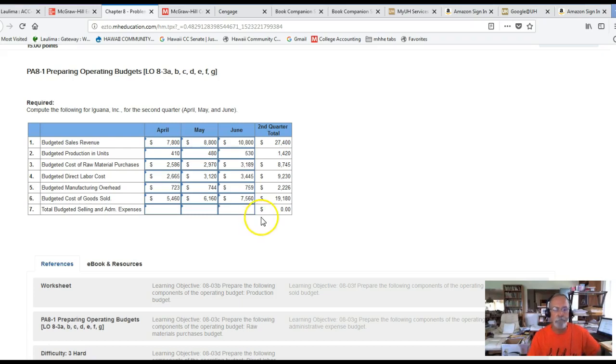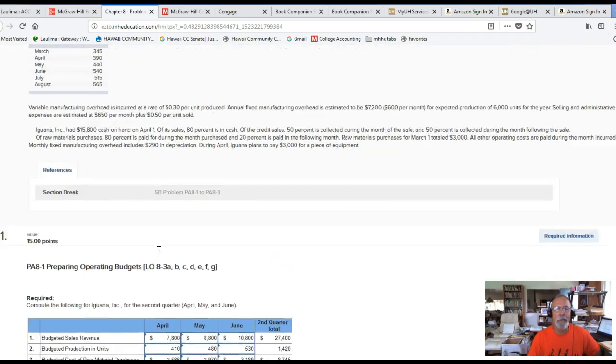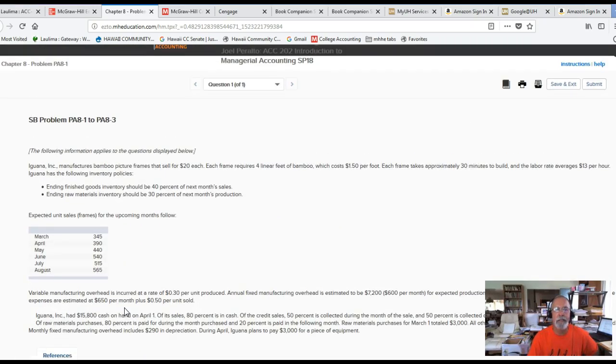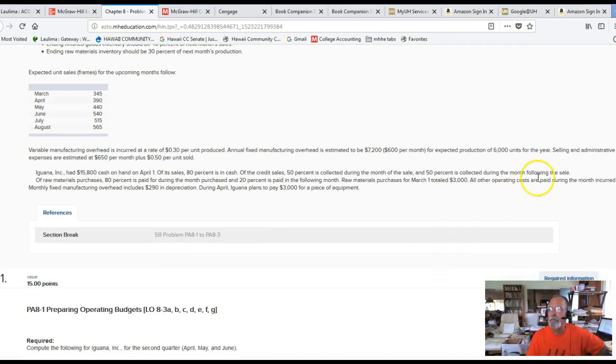Okay, budgeted selling and administrative expenses. Selling and administrative expenses are estimated at $6.50 a month plus 50 cents per unit sold.